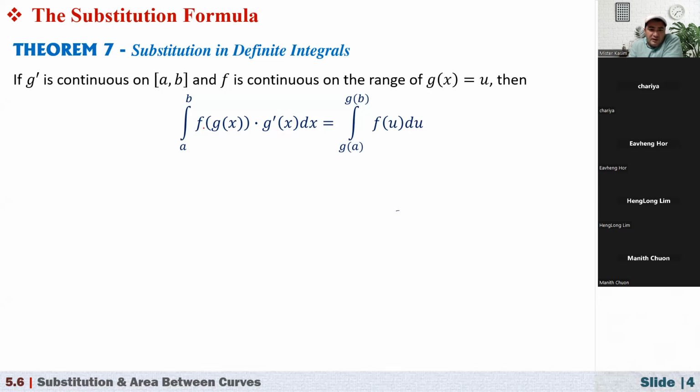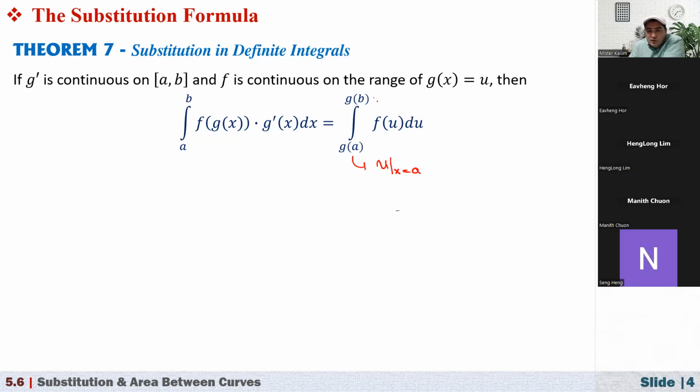And also this f must be continuous on the range of g, because the input value of f is the range of g, that's the output value of g. So that's equal to the integral of f of u, from g of a to g of b. What is g of a? It's just the value of u at x equal to a.